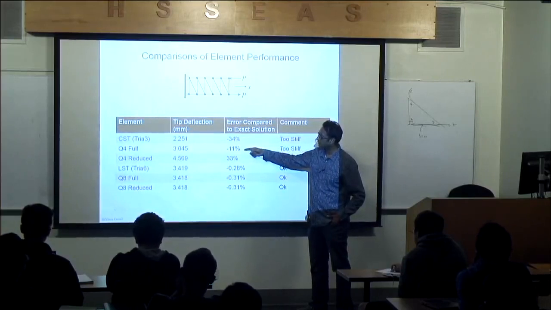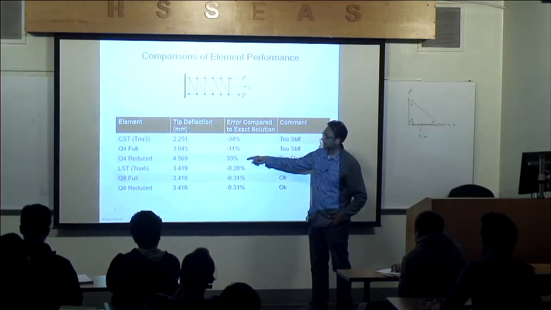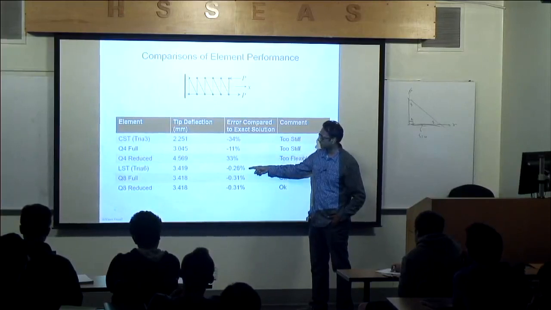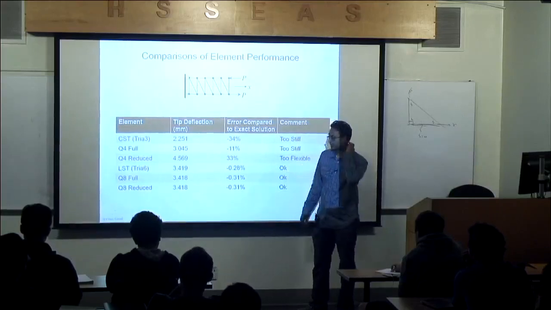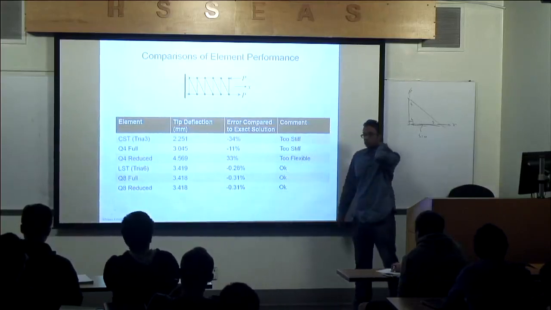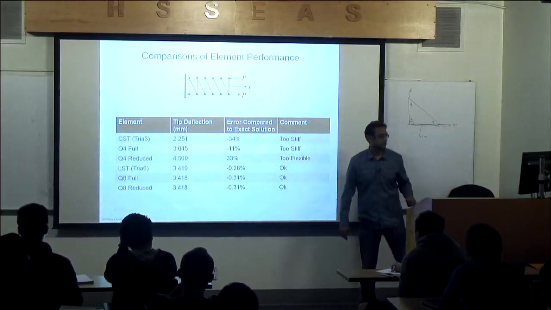For the quadrilateral element, it's 11% stiffer than the exact solution, much better. Reduced is too flexible. And then when I go to second order, all of them look really good. I mean, that's a percentage error there. Really good. Second order basically takes care of a lot of headaches, but it comes with computational expense.